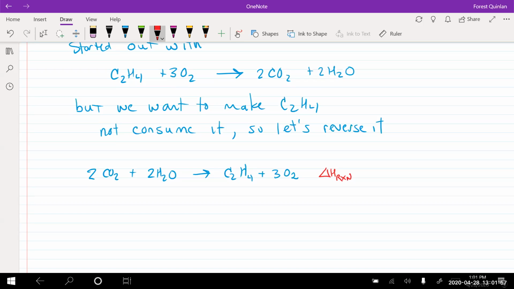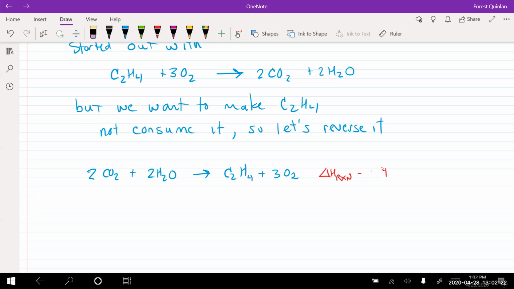How is it intuitively going to have to change, Ben? Would it change by the inverse? Yeah, right? If going forward released energy, then going backward must take it. So when you flip a reaction, you flip the sign. So that's now positive 414 kilojoules per mole.